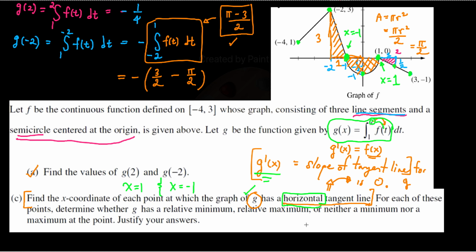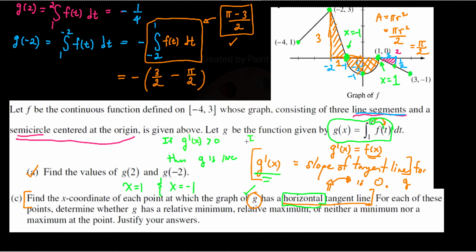Now, for each of these points, determine whether G has a relative minimum, relative maximum, or neither a relative minimum nor a relative maximum. Now, what's key here is we need to remember that if G prime of x is positive, then G is increasing.